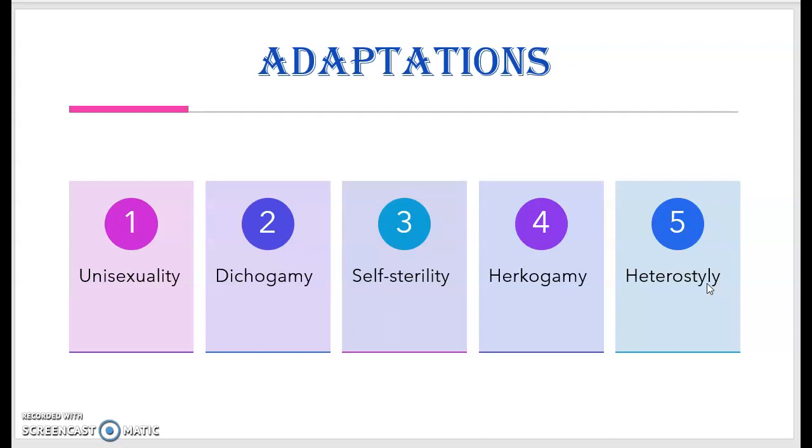In the other case, if the style is too small, the filament would be too long, so that when the anther matures and bursts open to release the pollen, it will never come down to where the stigma is. So this is heterostyly. Right? Now I said all these things in words. Shall we see some pictures for all those things?